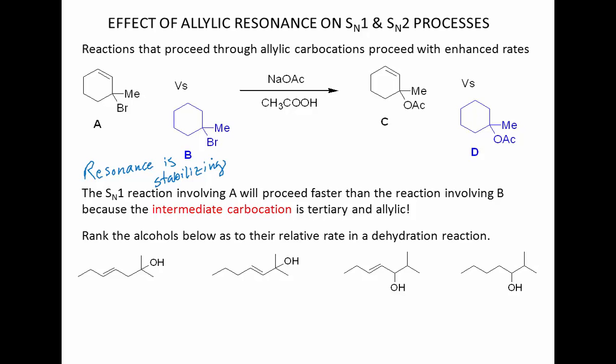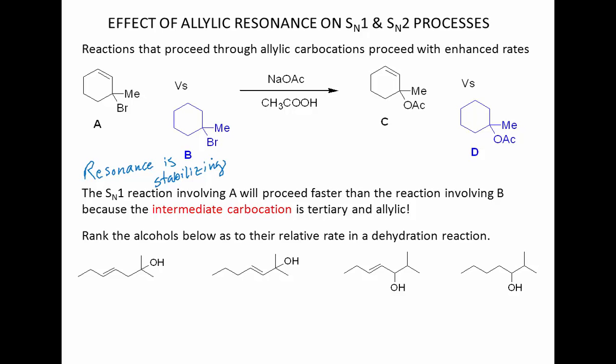So now we have something that's even better than tertiary. All right, so let's think about the mechanism for dehydration and see if we can predict which of the alcohols below are going to react at the fastest rate with sulfuric acid. Okay? And again, try to do this yourself, pause the video, and then restart it.